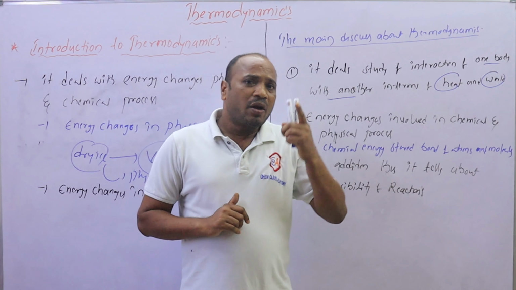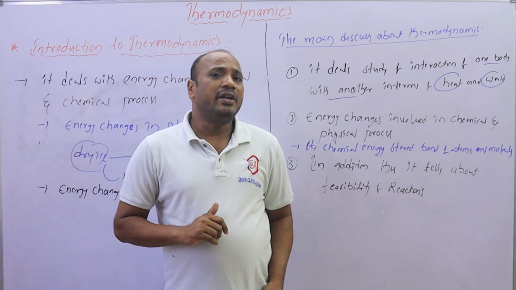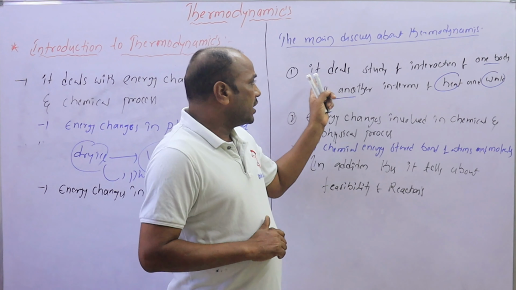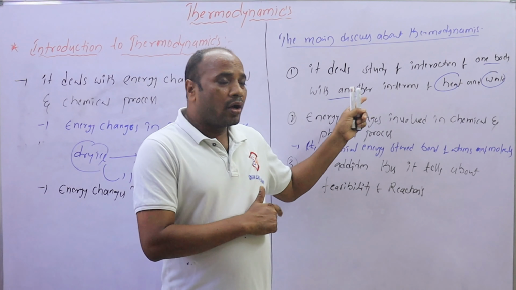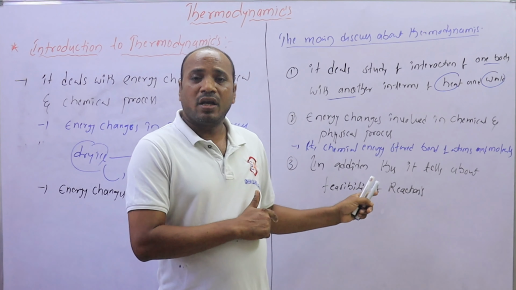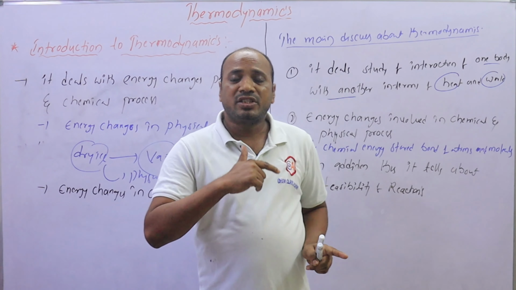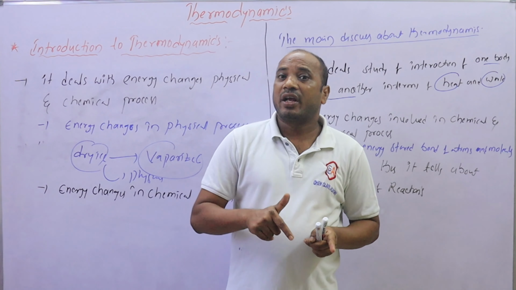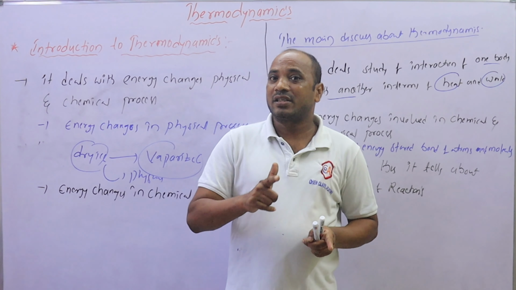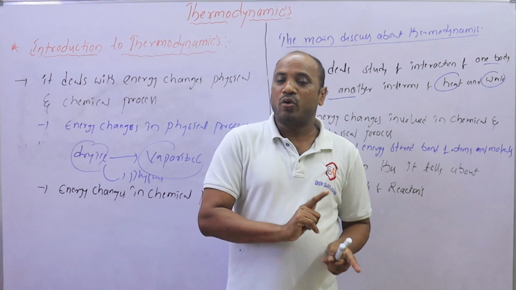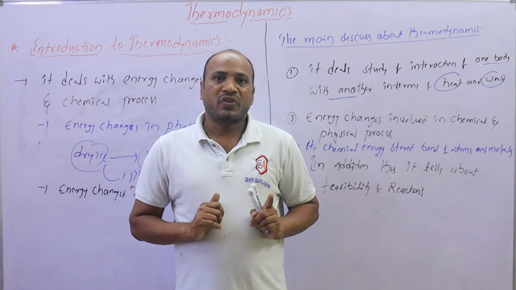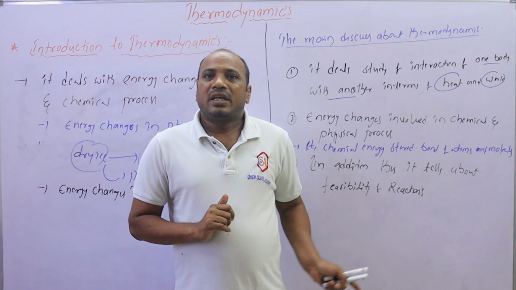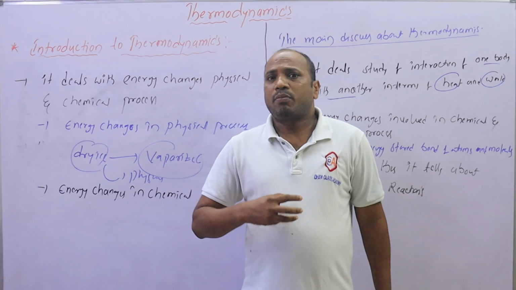So thermodynamics is explained. It tells about the study of interaction of one body with another in terms of heat and work. The second point, energy changes involved in chemical and physical processes. And the third point is the feasibility of the reactions.